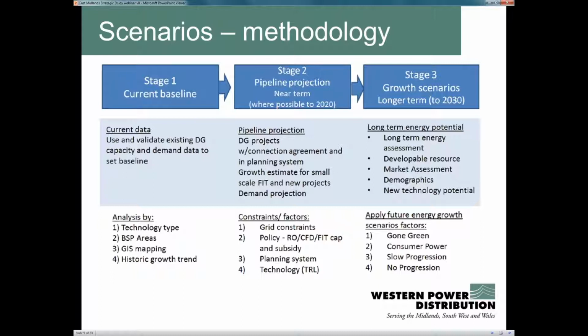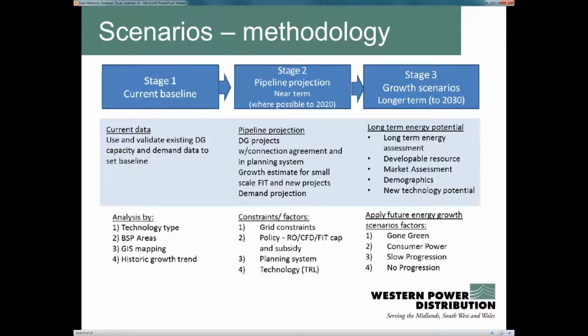We then take this forward into a stage 2 pipeline projection, which looks at all of our connected and accepted capacity and projects what those schemes are going to be doing and when they're going to be building, taking into account external constraints and factors, either network constraints, but predominantly subsidies, planning regimes, and things like that.